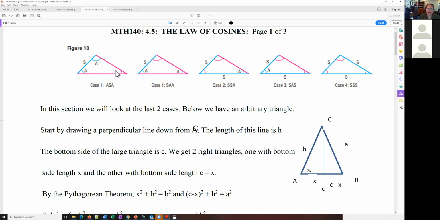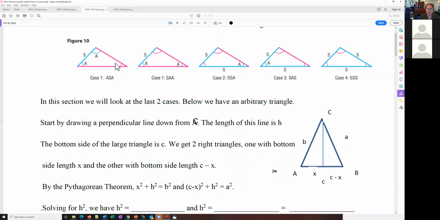And the bottom side of this triangle has a length of c, but we're going to break it up into 2 right triangles. One right triangle will have a side that has a length of x, and the other right triangle will have a side with a length of c minus x.